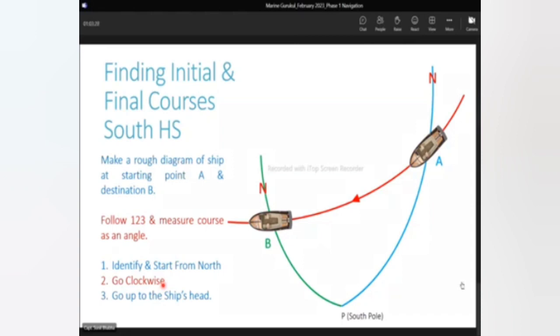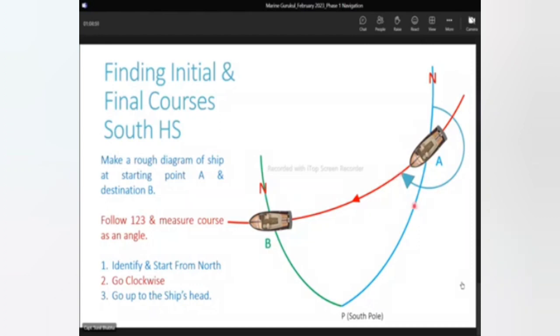From this direction north, we have to go up to the ship's head. So at our starting position A, starting from the north direction, going clockwise, going up to the ship's head, represented by the light blue arc and arrow. So this arc and arrow shows the ship's initial course. Now how to obtain this course from our angle A?